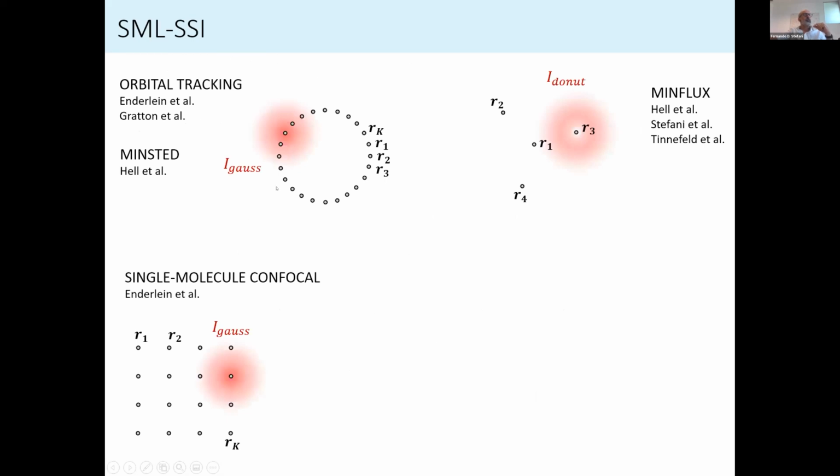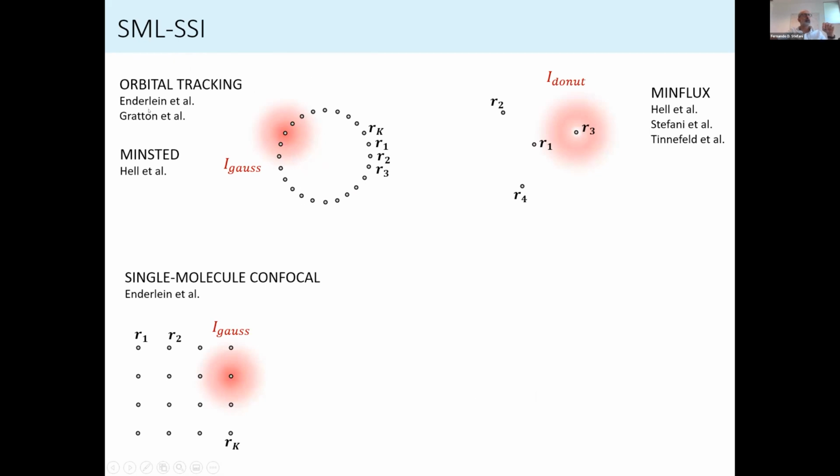So orbital tracking, for example, was one of the first methods to track single molecules using structure illumination. It consists of orbiting a Gaussian focus around the molecule, and then from the signal of that molecule inside this orbit, you can determine where that molecule is.